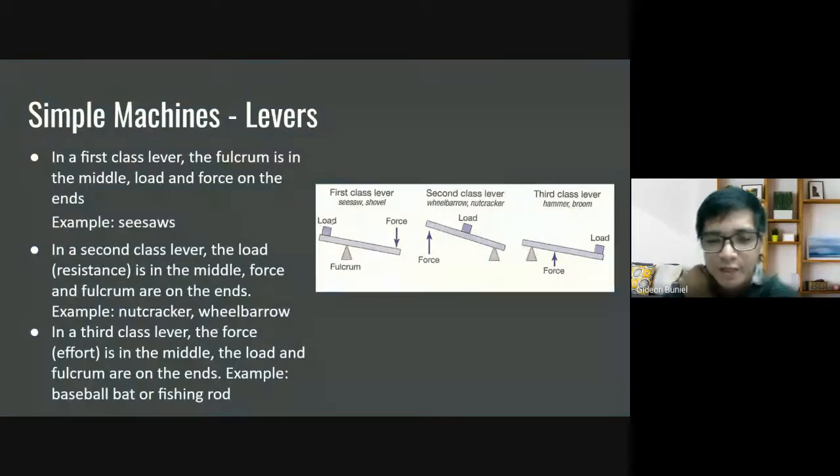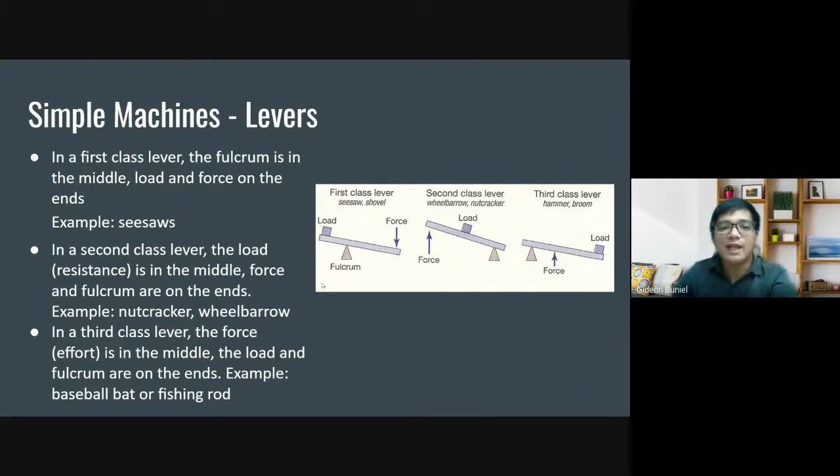On the other hand, if Ryan, the load, applies force downward, then Marvin will rise as well. But if you both apply force, then you stay in the middle. It depends on the force applied on the lever. So again, the example is the seesaw.